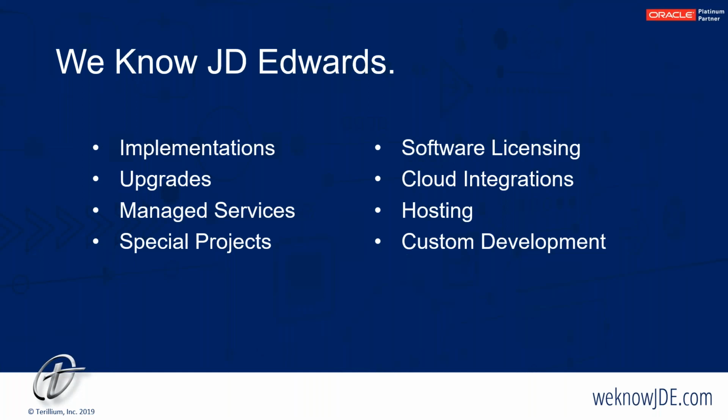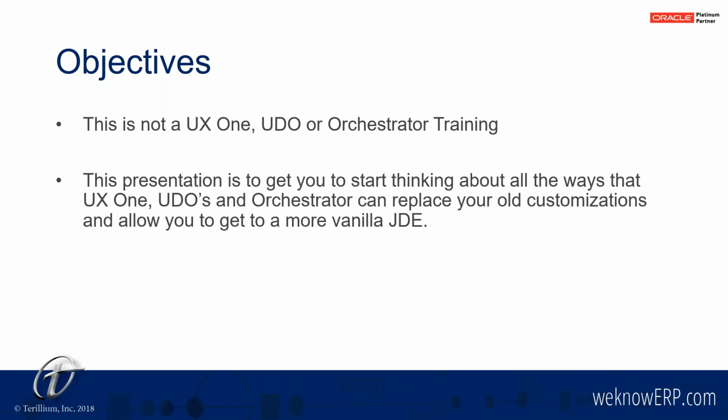What we do, we are a big JD Edwards shop, so from implementations to upgrades, managed services, all the way through the software licensing perspective. So from soup to nuts, we can be that one-stop shop for you from a JD Edwards perspective to get you through the process.